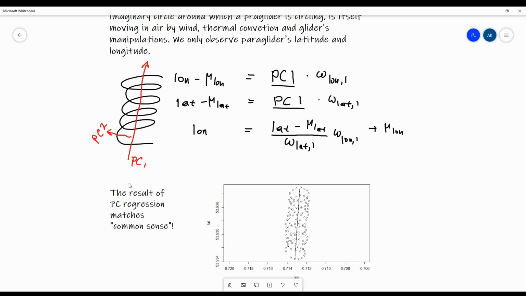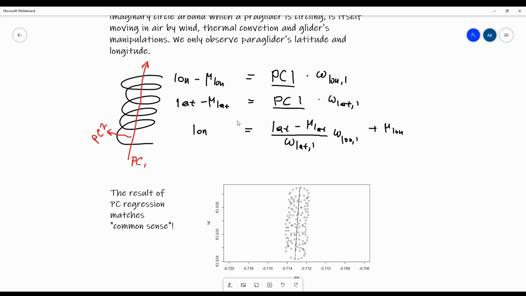So most of the motion happens along the latitude and a little bit of it around longitude. You're going to see the first principal component pointing up, and then the second principal component is orthogonal, so it's perpendicular to it.